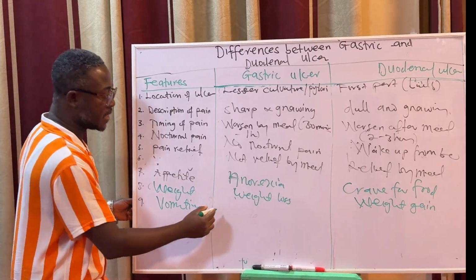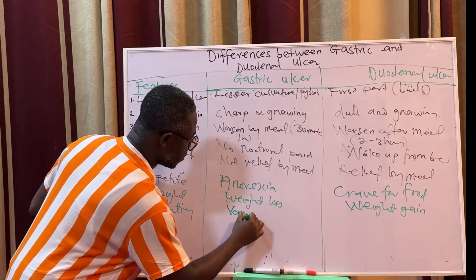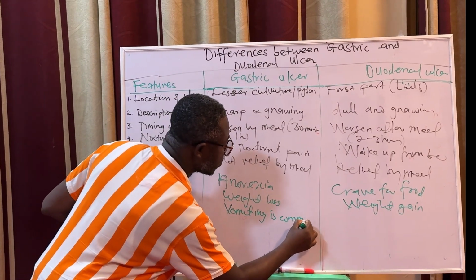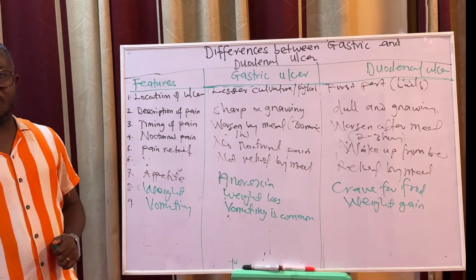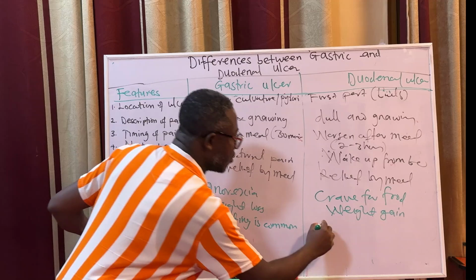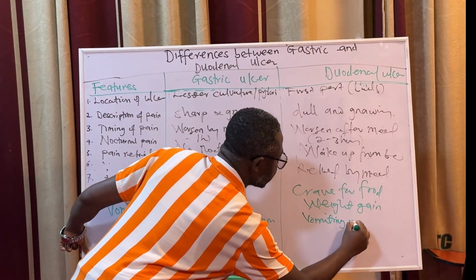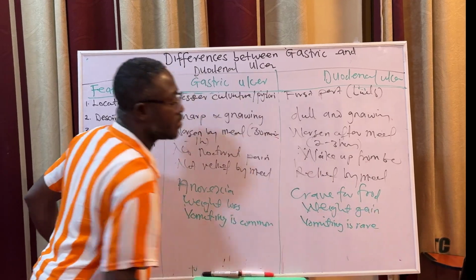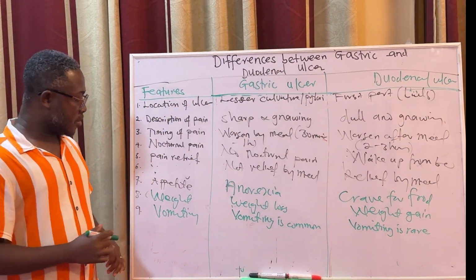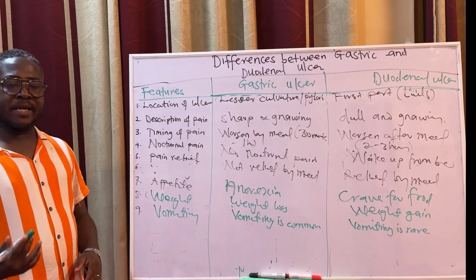And so vomiting is common in gastric ulcer, whereas in duodenal ulcer it is less common.